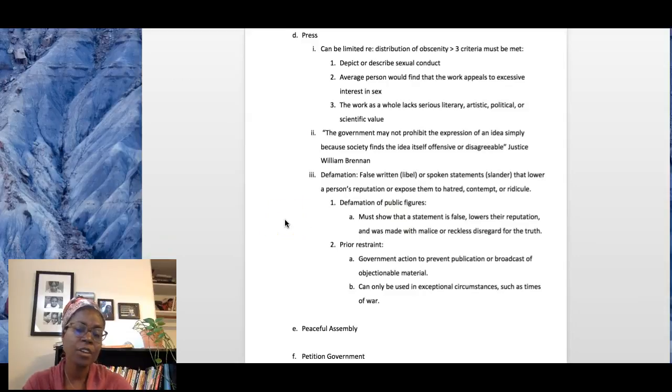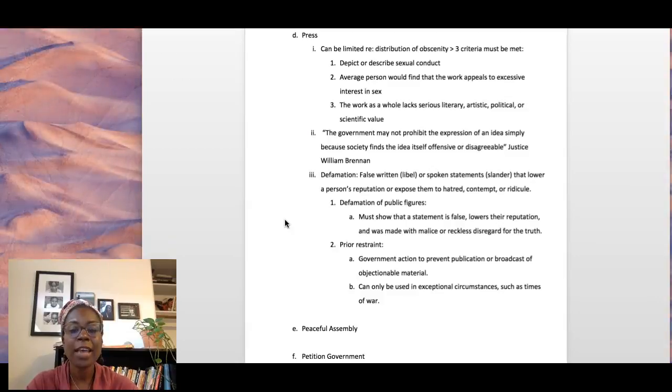But it's important to note that defamation of public figures has a stricter standard, because individuals who are in the public eye also have to show, number 1, that a statement is false, number 2, that it lowers their reputation, and that the statement was made with malice or reckless disregard for the truth. So there's a higher standard for public figures in order to sue any kind of press outlet for defamation of character.